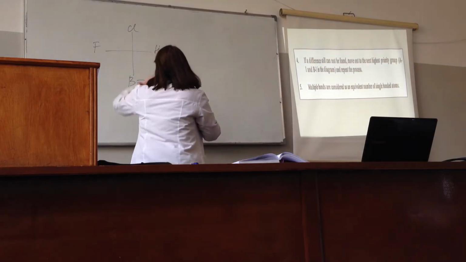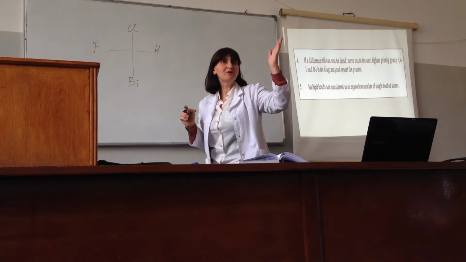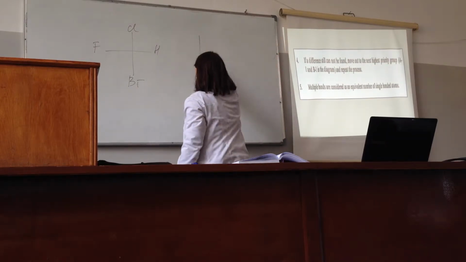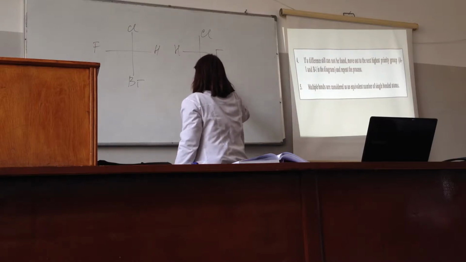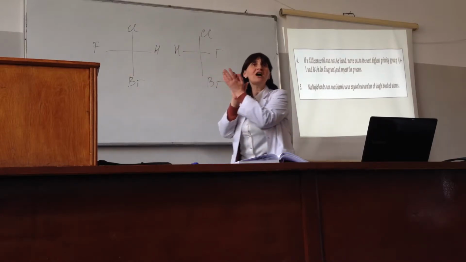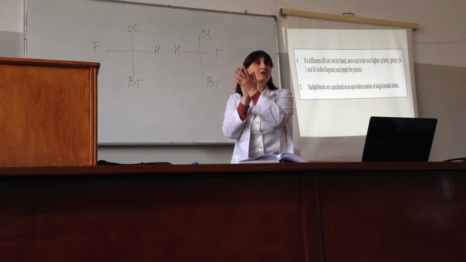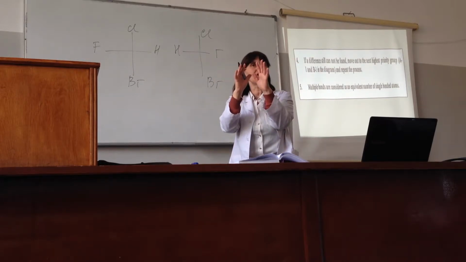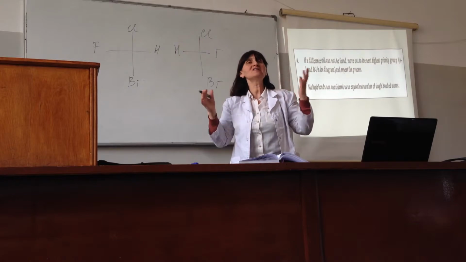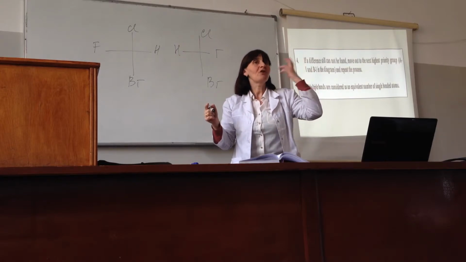And the second version is the mirror image. It looks like this: H, Cl, F, Br. Once again, these two molecules are two different molecules, and they correspond to two enantiomers because they are mirror images of each other. Now, how can we determine their absolute configuration?